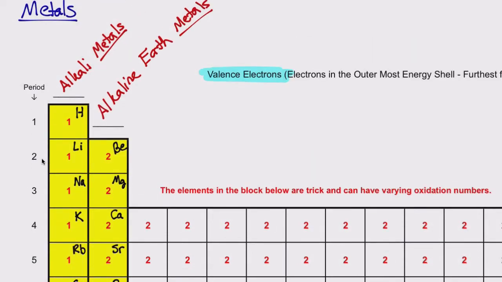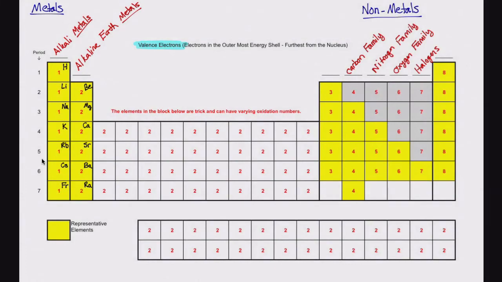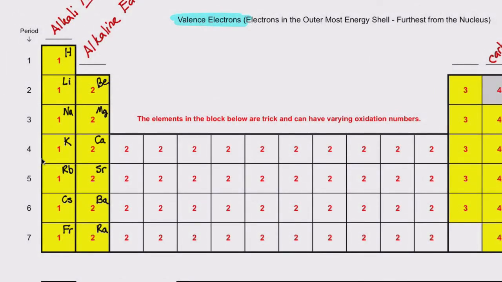I want you to highlight, underline, circle, or star the title valence electrons. Okay. Now, there's no coincidence that this entire first column, they all have a 1, and they're all alkali metals.